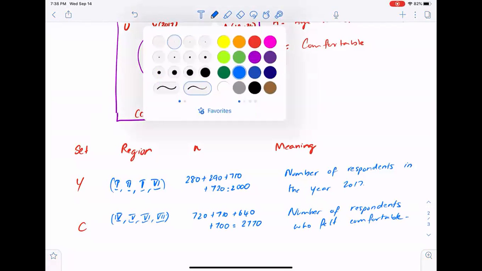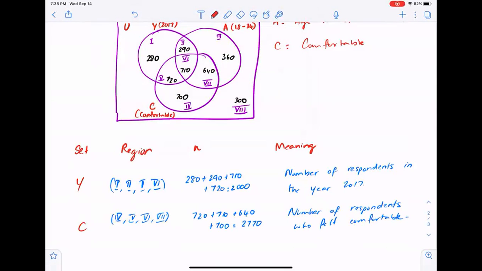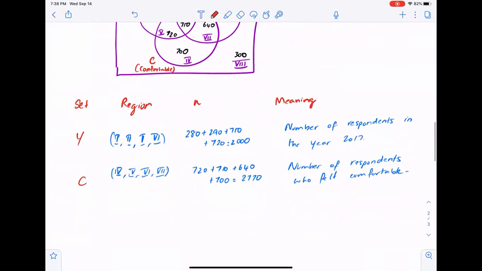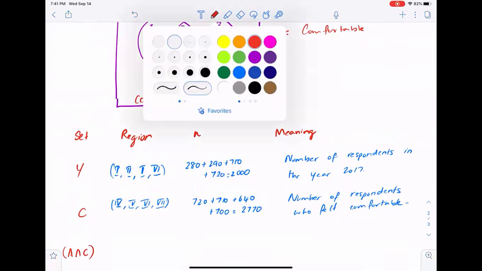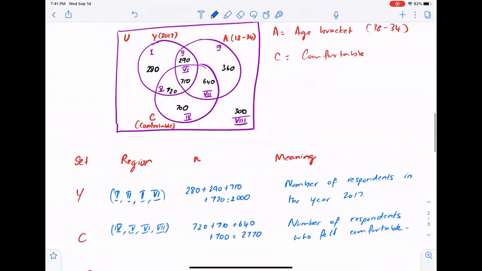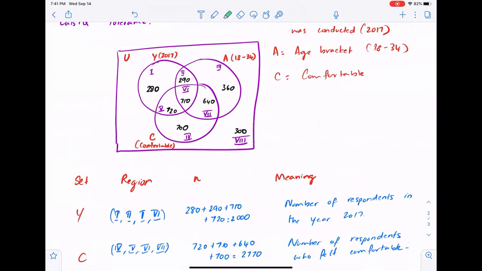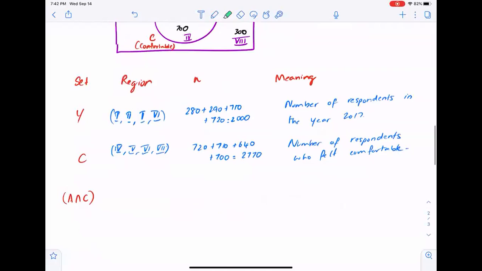Let's try the set A intersect C. We want to find the regions corresponding to A intersect C. So the region that corresponds to both A and C will be right there. So region 6 and 7.